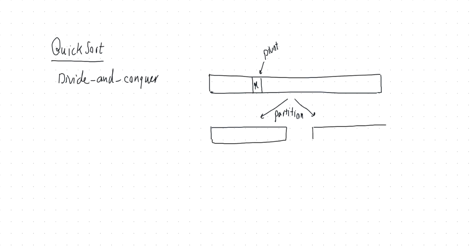So we partition this into two subarrays, where in the left subarray, we put all the elements in the original input array that are less than x. So everything less than x, or pivot, goes to the left, and everything greater than the pivot x goes to the right.